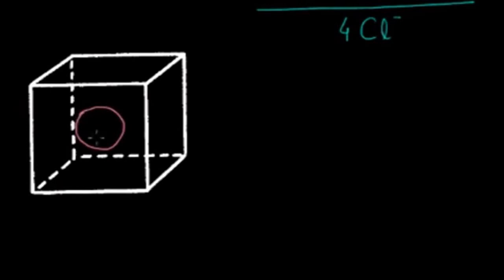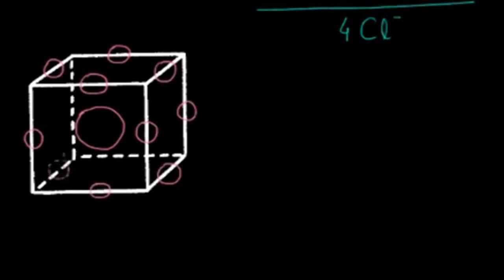This one big one is the sodium ion which is present at the center of this cube. Now I will draw the other sodium ions present at these edges. We have 12 edges in a cube, and each edge is shared among 4 unit cells, meaning that the part of the sodium ion present at each edge is 1 by 4th part.